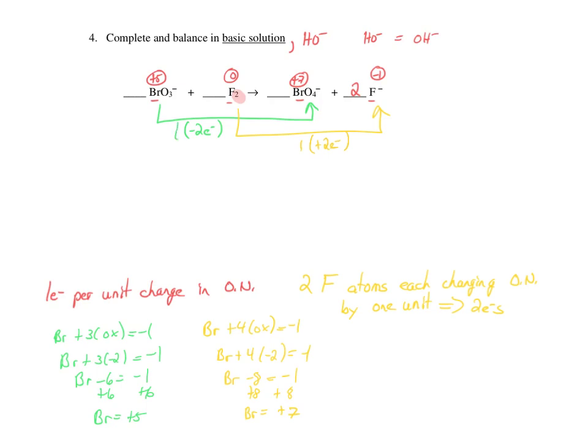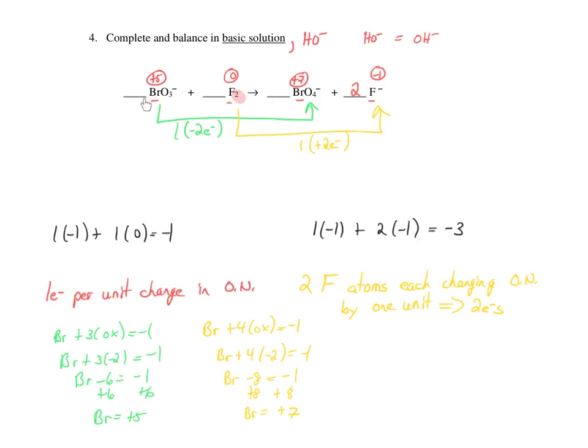We don't have to do anything with the coefficients because the number of electrons lost is equal to the number of electrons gained. Now we go on to worry about the charge, knowing that to balance the charge, we have to use hydroxides, something that is negatively charged. And here's our situation.